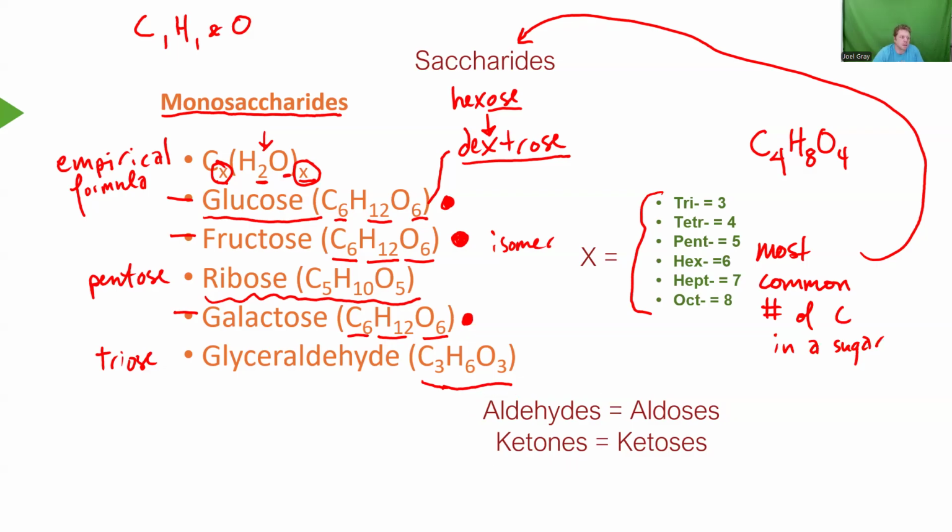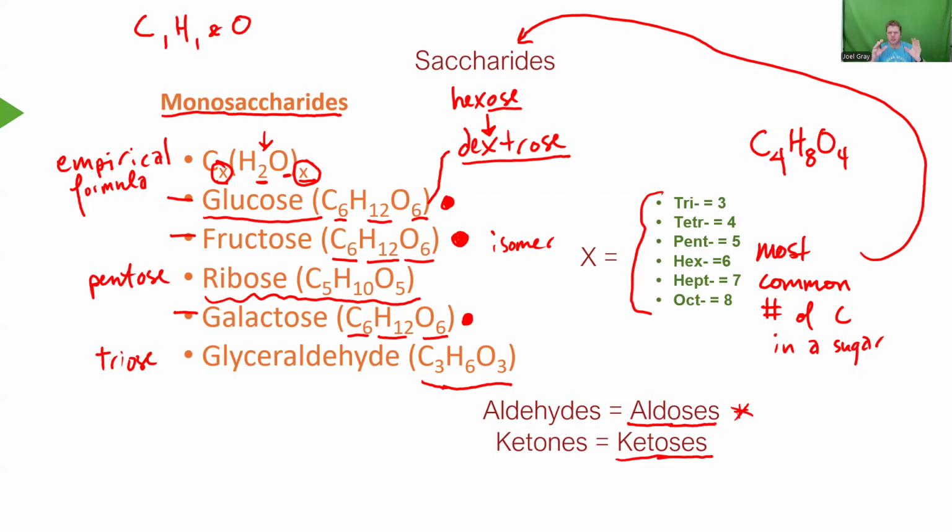The ose suffix, oses with an extra S at the end to indicate plurality, indicates a sugar. An aldose is a sugar with an aldehyde functional group. And then we've got ketoses. So a ketose is a sugar with a ketone functional group.